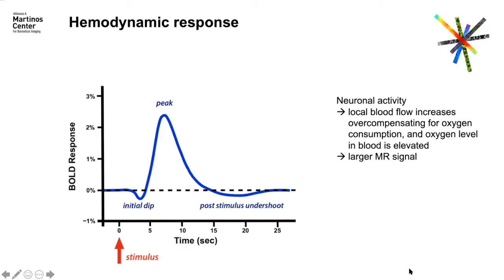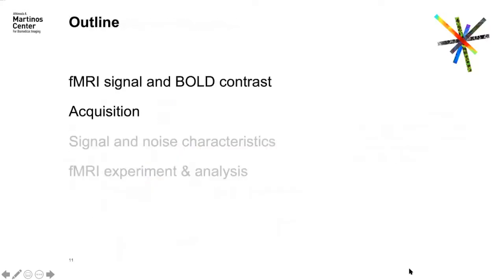But in any case, the accurate shape of this hemodynamic response can be different for different subjects or even different brain areas, and it can change according to the task or different types of tasks.